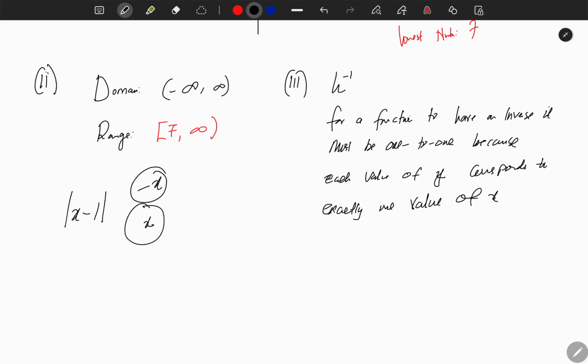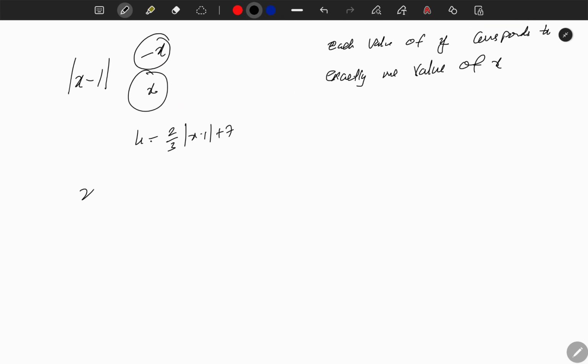For a function to have an inverse, it should be 1-to-1. When I put one value of y or x, it should only give me one value of the other. Not a situation where when I put, for example, 2 in the function, I'm getting 2 values. For example, in our case, we've got h equal to 2 over 3 modulus of x minus 1, plus 7, right? If I put, let's say, negative 2, I can take 2 conditions. I can say it will be 2 over 3, then negative 2 minus 1 plus 7.